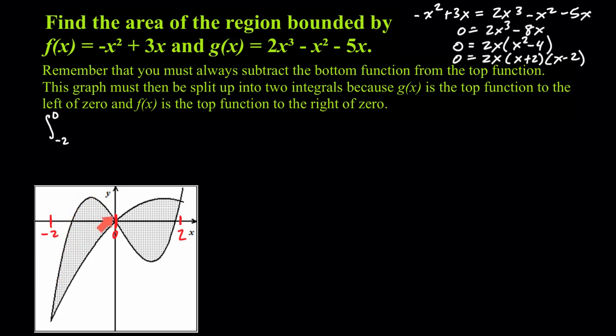This top function is our cubic graph. Now you can see the cubic graph right here. So the top function is the cubic graph. So that's going to be 2x cubed minus x squared minus 5x minus the bottom function, which is the negative x squared plus 3x.